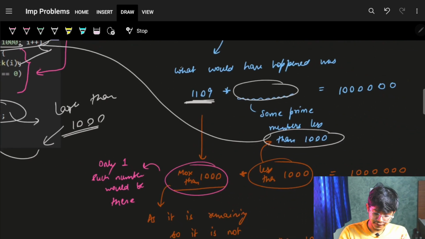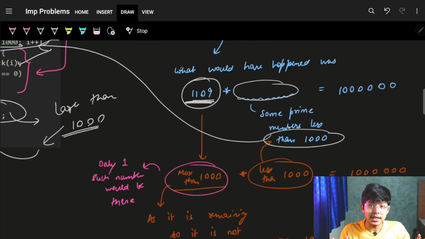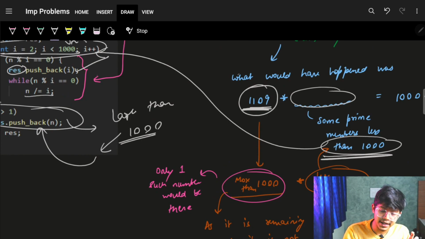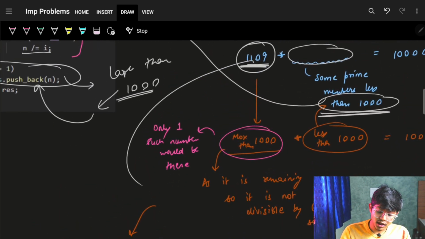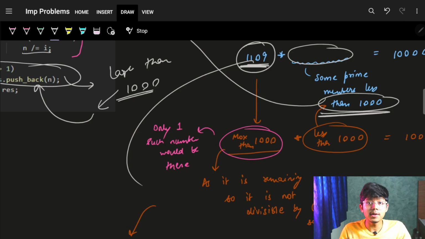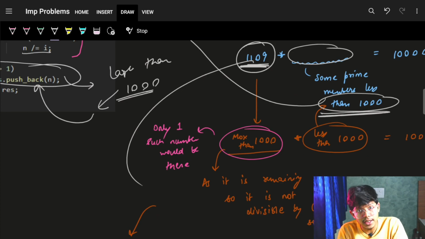So if this number was divisible by any number less than 1000, it would have already been divided, but it is not. So it should be divisible by a number more than 1000. But how can a number be divisible by more than its own number?